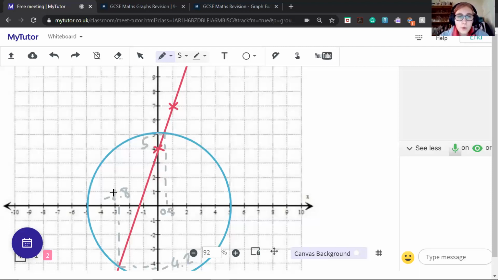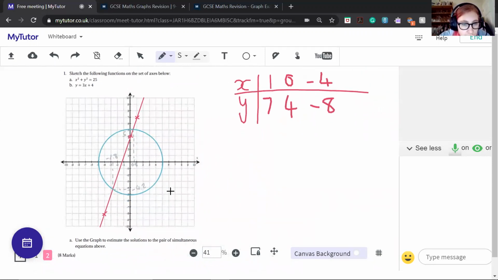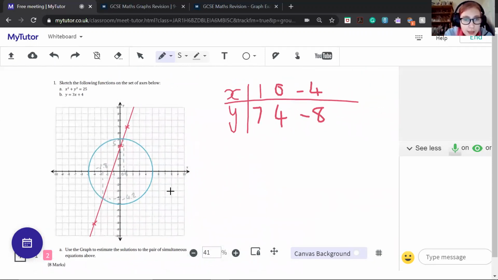So that's kind of what that looks like to me. So those are our solutions to our equations. The first one down here being x equals minus 2.8 and y equals minus 4.2. And the second one being x equals 0.5, y equals 5.